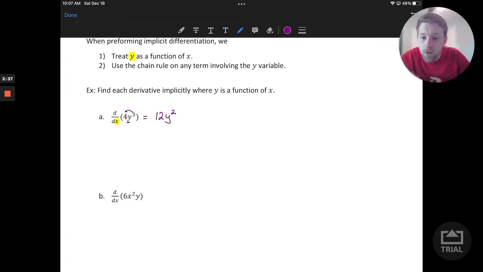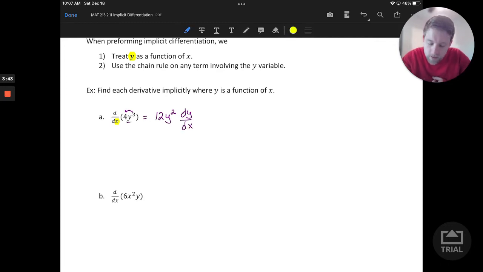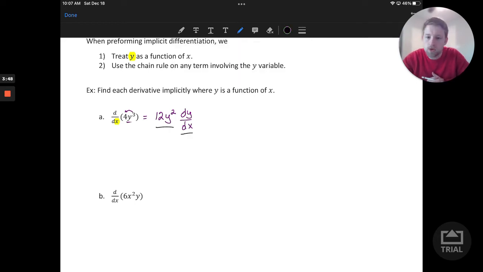Well, the derivative of y with respect to x is just dy dx. So we have the outer and the inner chain pieces there. We take the derivative on the outside, the outer function, that cubed term, and then the inner derivative is just the derivative of y with respect to x. The combination of those two terms multiplied together gives us the derivative of 4y cubed with respect to x.